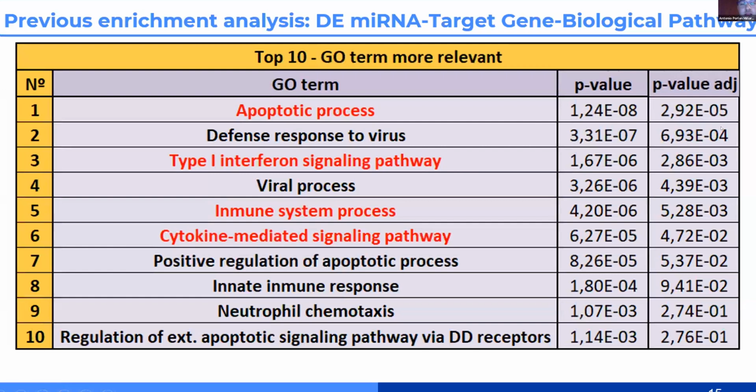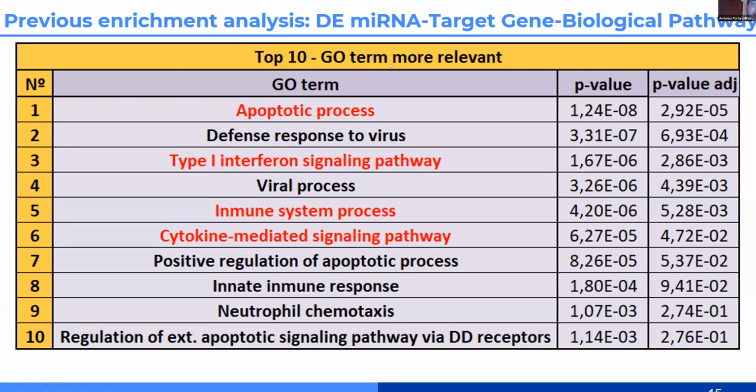On the other hand, in the case of transcriptomic data, we had the differentially expressed microRNAs, so the enrichment analysis was focused on obtaining the target genes of these microRNAs, and then the biological pathways in which these target genes were involved.